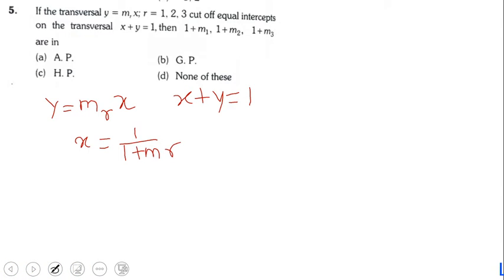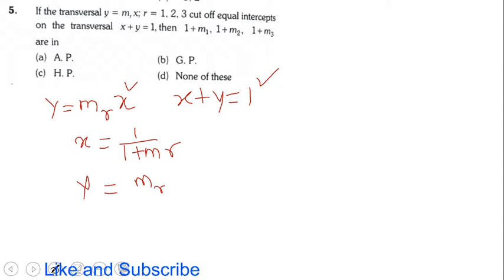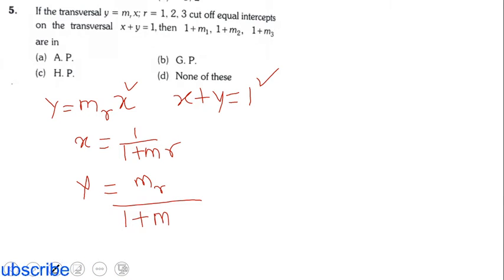So we have to simplify these two equations and find the x and y values. We get x as 1 divided by 1 plus m_r, and the y solution we get as m_r divided by 1 plus m_r here.